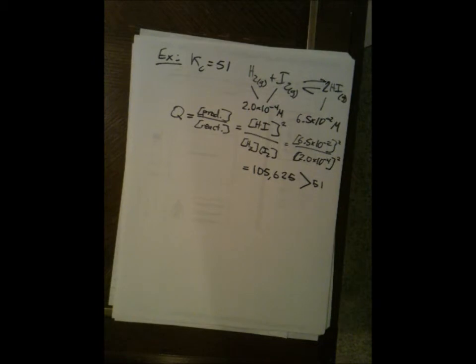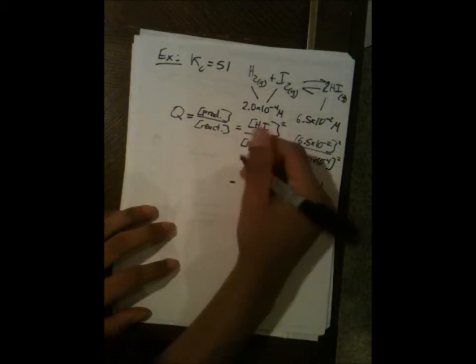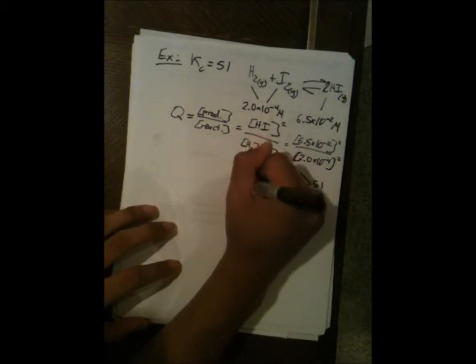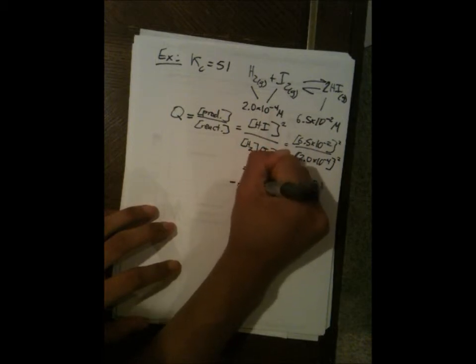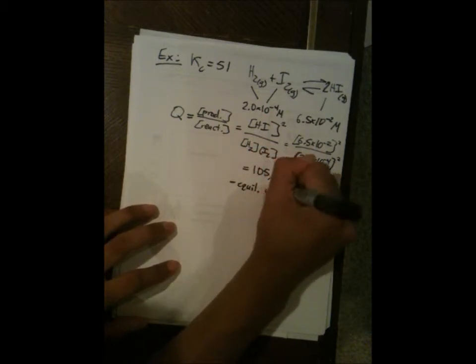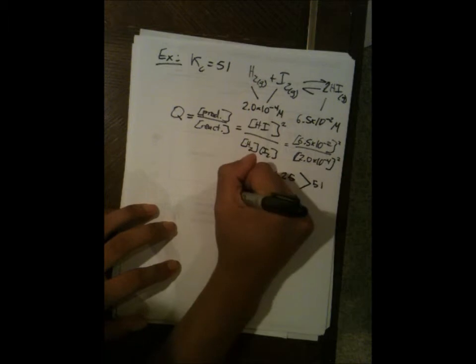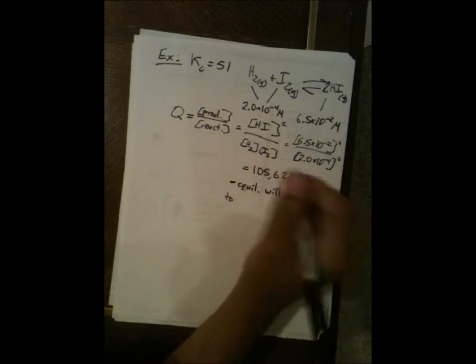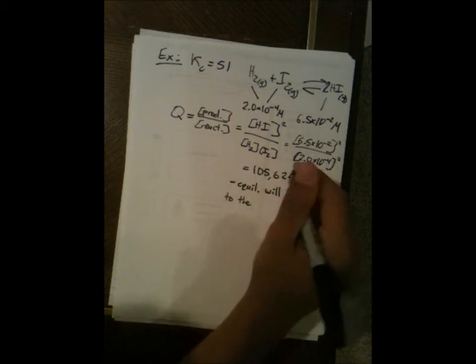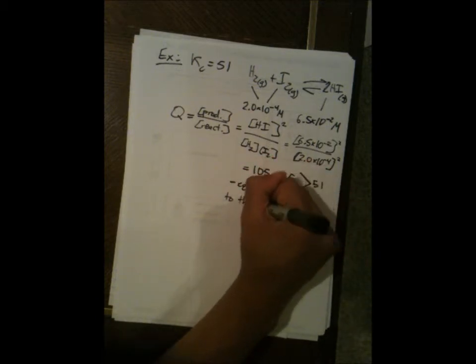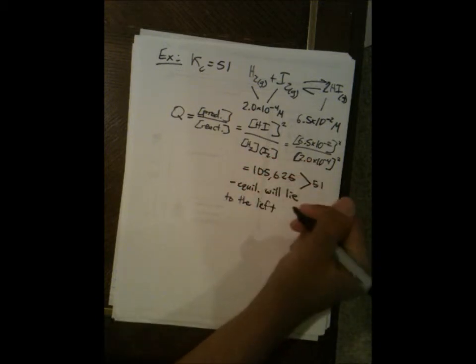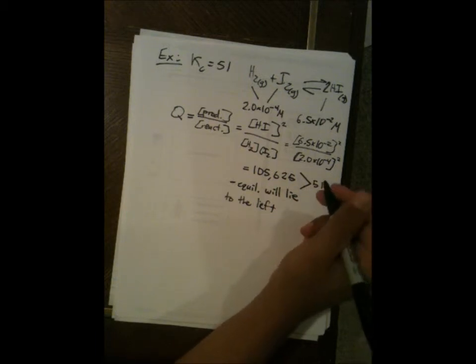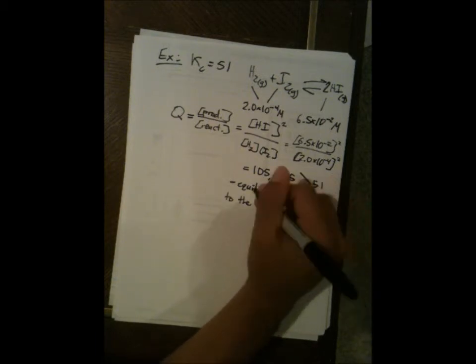Okay, so since it's way bigger than 51, equilibrium will lie to the left. By that I mean you have to shift left. So to establish equilibrium, you must shift left.